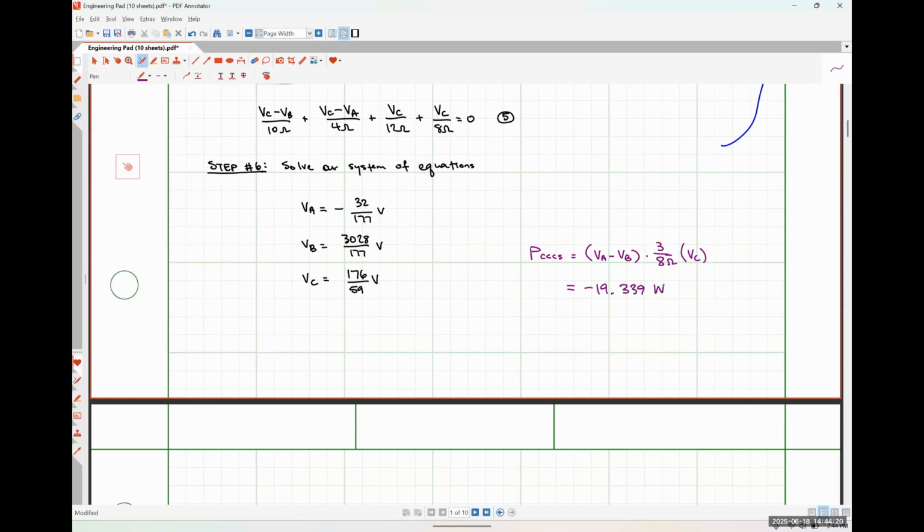So this guy was supplying negative 19.339 watts, or it was absorbing positive 19.339 watts. Okay.